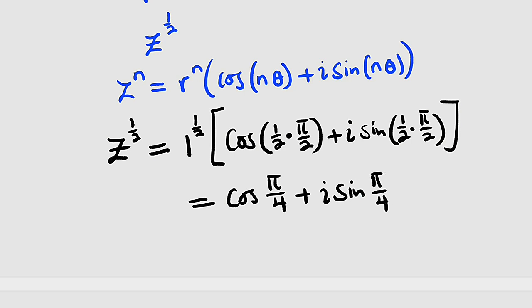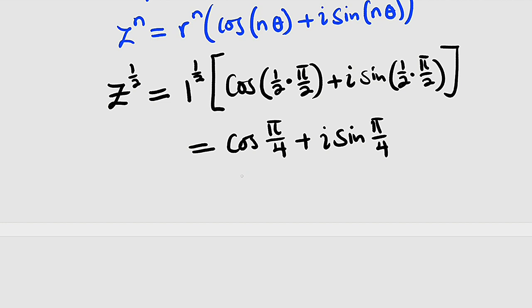So all we need to do in order to evaluate this square root of i is to simplify this. Cosine of pi divided by 4 is equal to root 2 divided by 2, plus i multiplied by sine of pi divided by 4, which is also root 2 divided by 2.